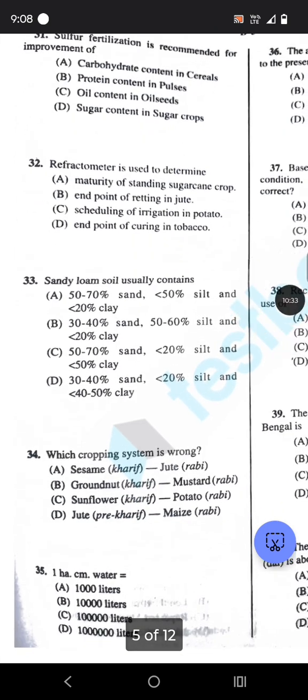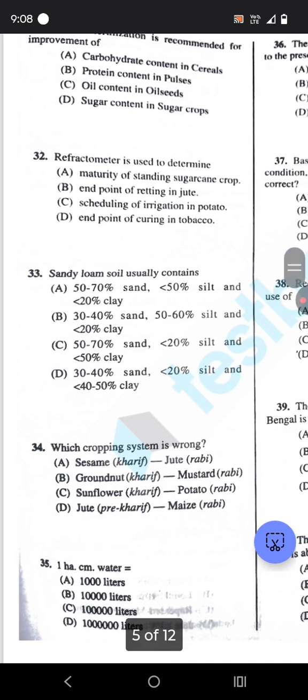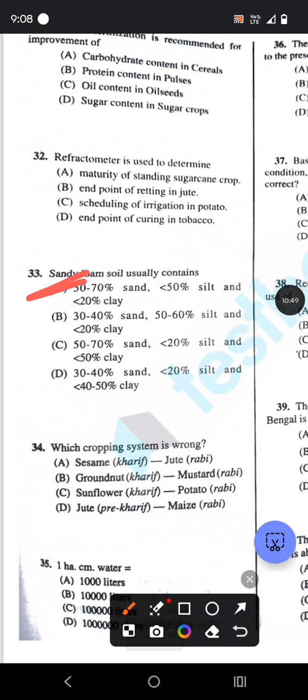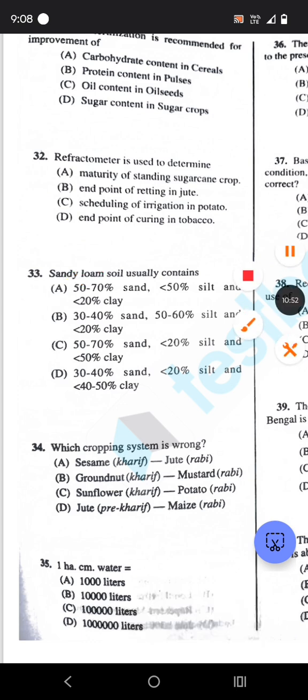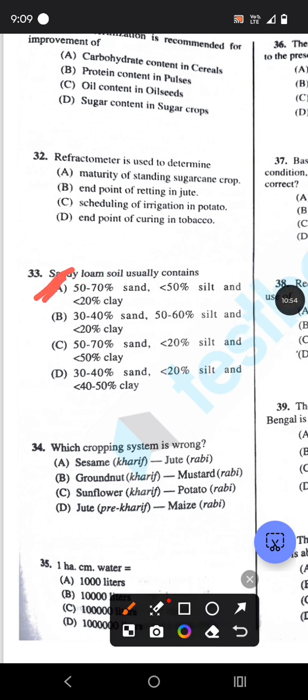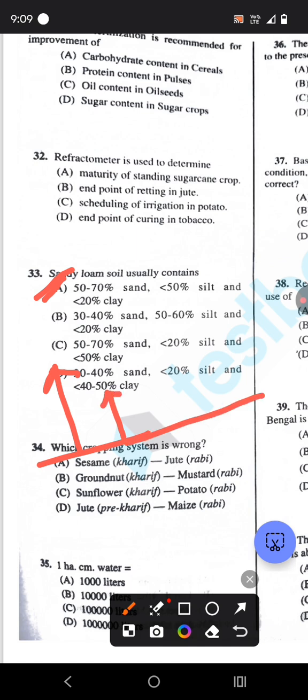Question number 33. Sandy loam soil usually contains. So guys, sandy loam soil is an ideal soil for agricultural practice. So the correct answer is option number A. Here the sand is very high, and second is silt, and in the lowest quantity is clay.